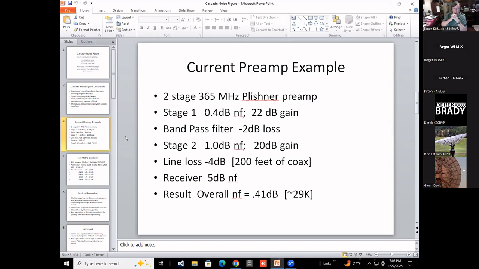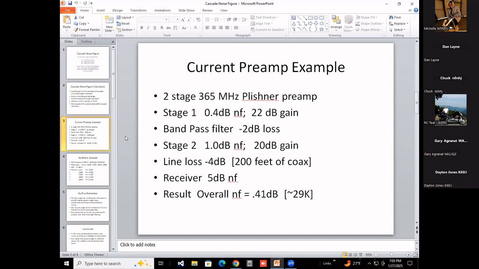You can buy the bandpass filters as well, but they have a little bit of loss. Okay, when we talk about a noise reference, we're always talking about a resistor. And so there's a non-gain element that has a noise figure, right? Sure, right. But in this case, we don't really have any resistor in front of the front preamplifier.